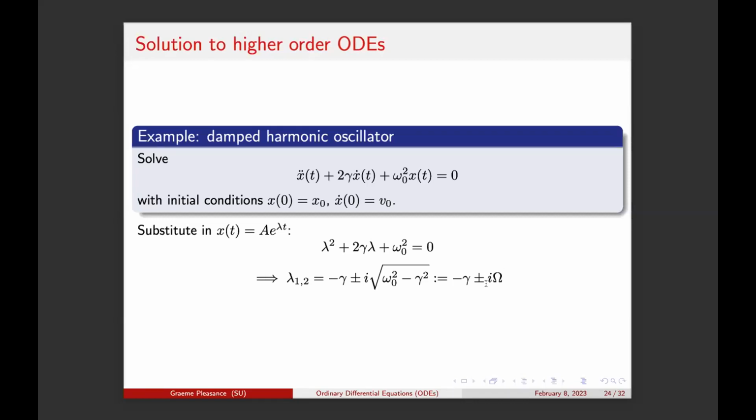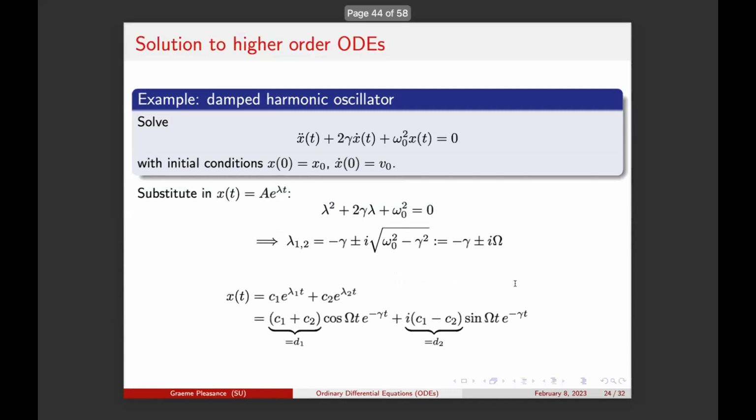So here what I've done is introduce a new parameter, which I call capital Omega. And this is just equal to the square root of the square of omega naught minus the square of the damping rate. Okay, and because we assume that generally speaking omega naught and gamma are not equal to each other, we can see that each of these lambdas are different, so they're non-degenerate.